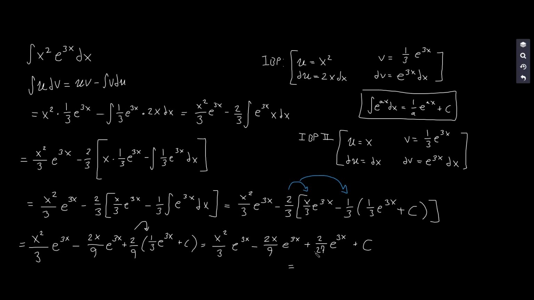If I wanted to, which I do want to, I could do 1/3 x squared times e raised to the power of 3 times x, minus 2 over 9 times x times e raised to the power of 3 times x, plus 2 over 27 times e raised to the power of 3 times x, plus c.